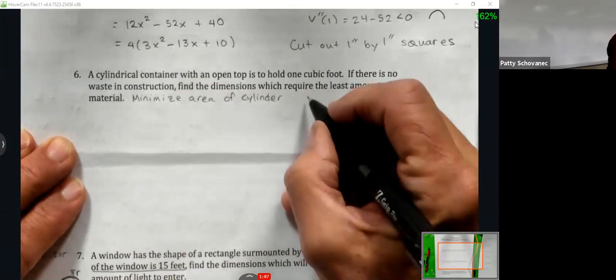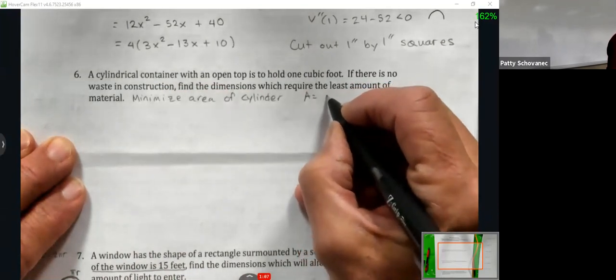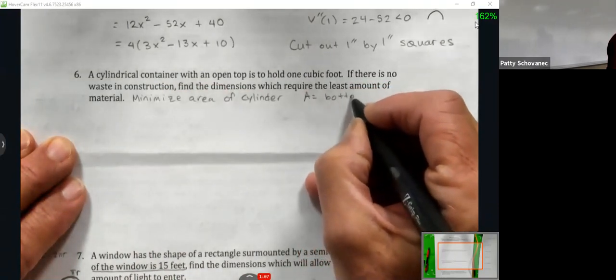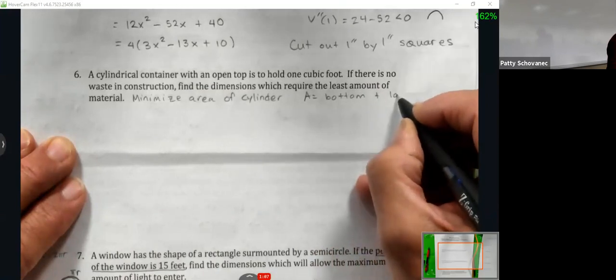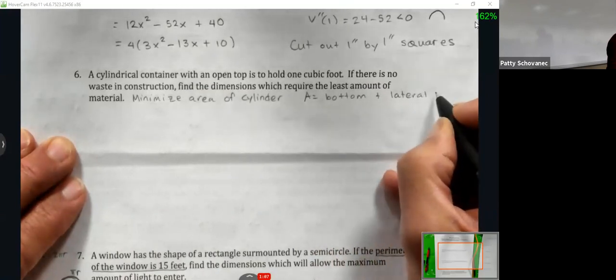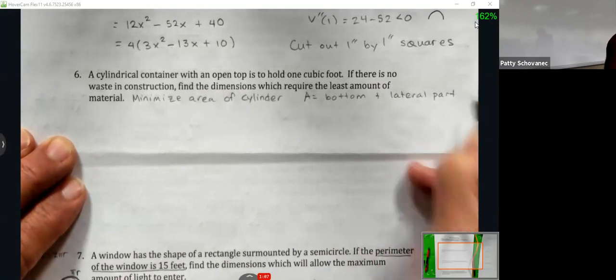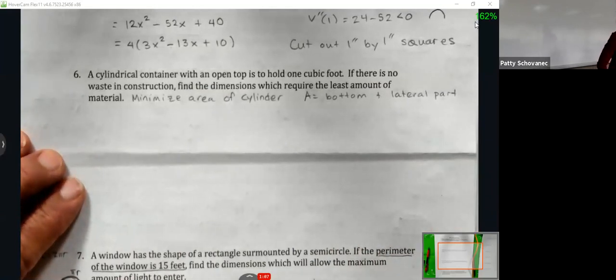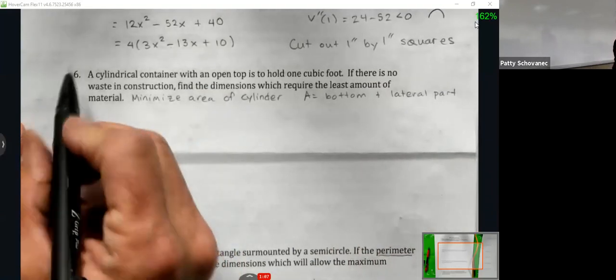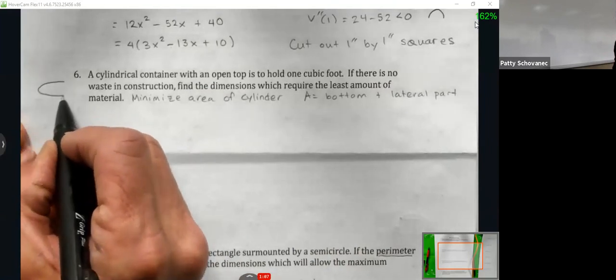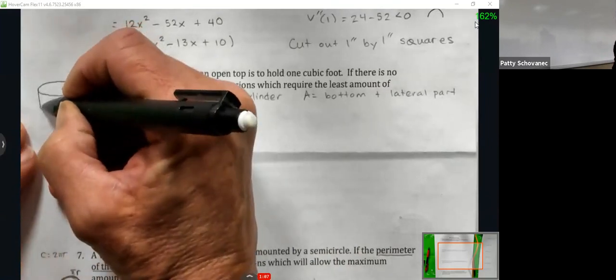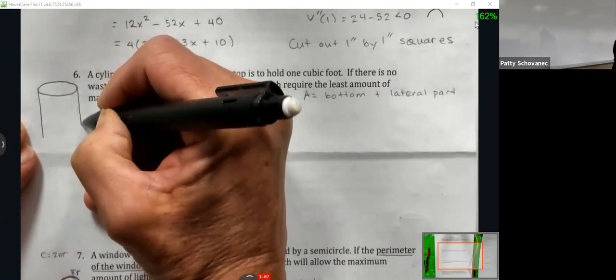And since it's open, that area is just going to be the bottom plus the lateral portion. So here is our open top. There's the lateral portion.